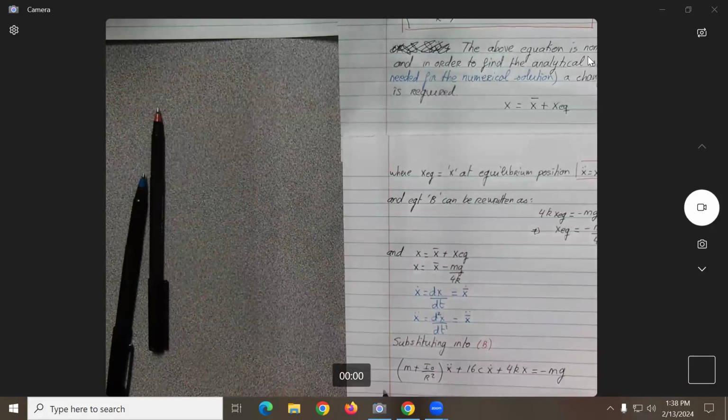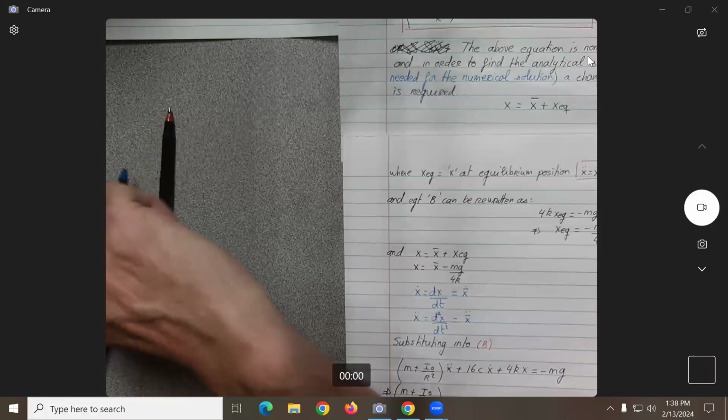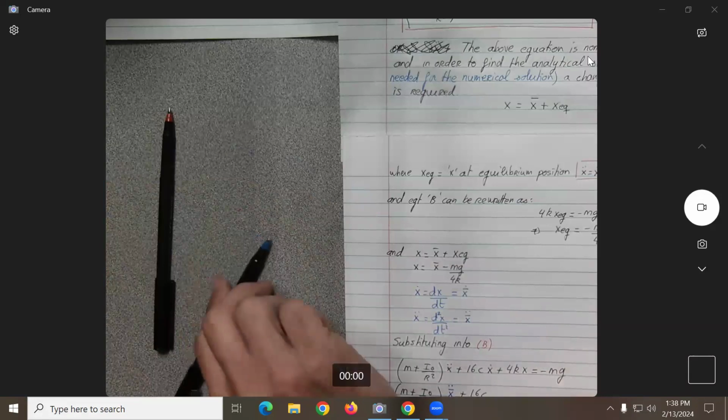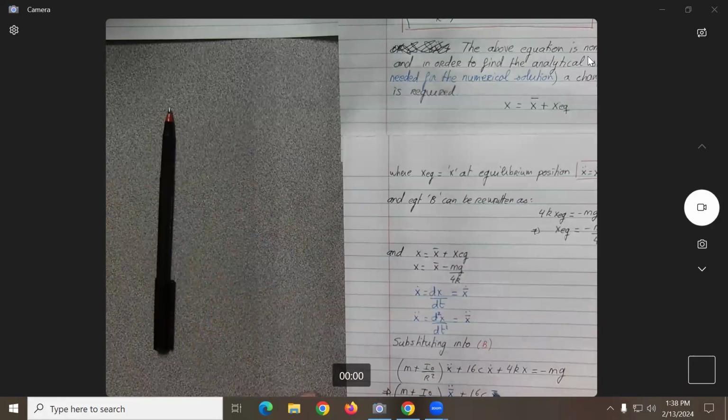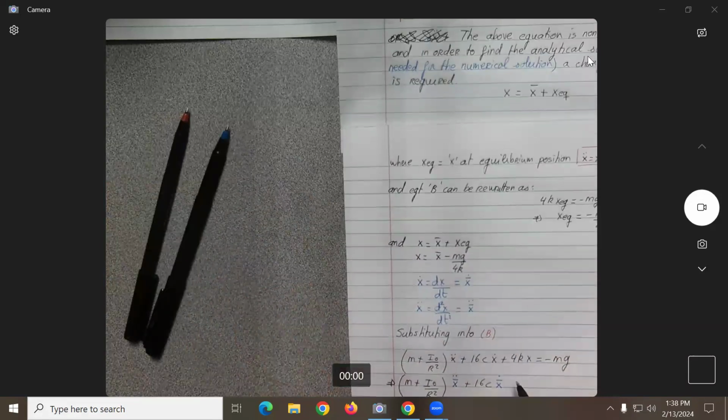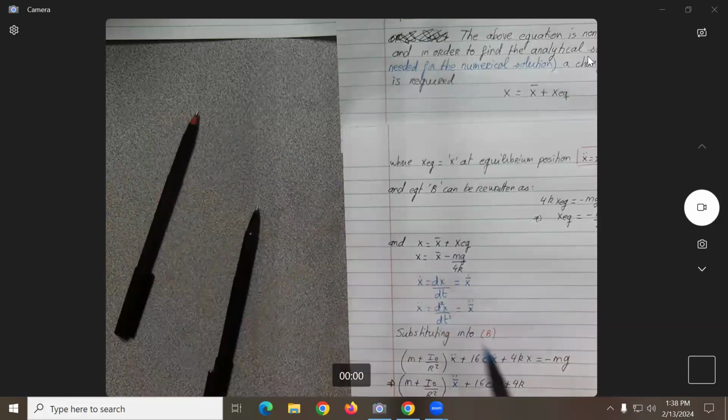So why are we doing this? You're gonna see, because then what do we have here? We have m plus I sub naught over r squared, crazy notation, sorry for that, times x bar double dot, plus 16 c x bar dot, plus 4k times what?